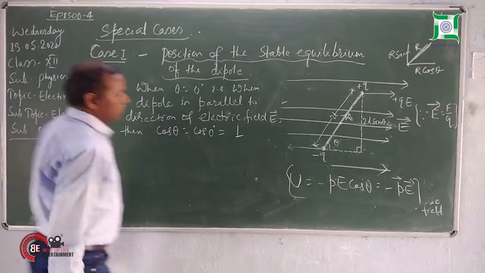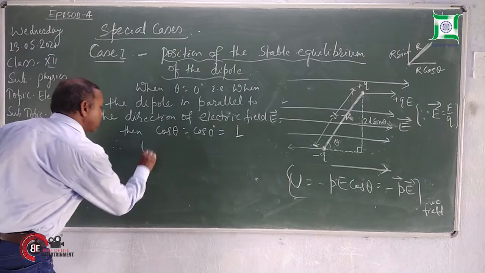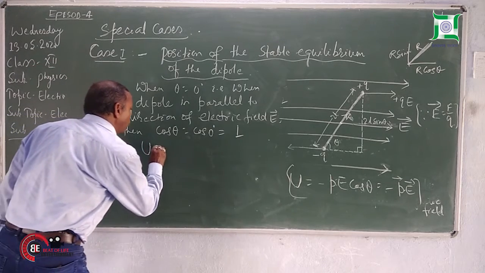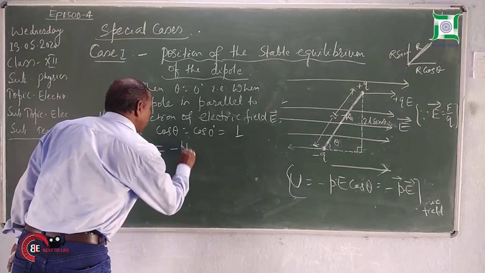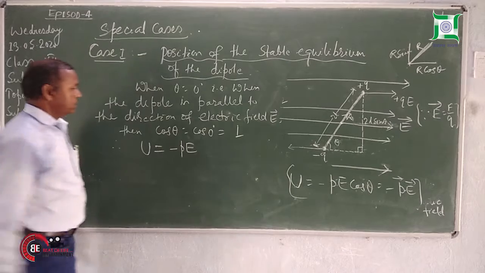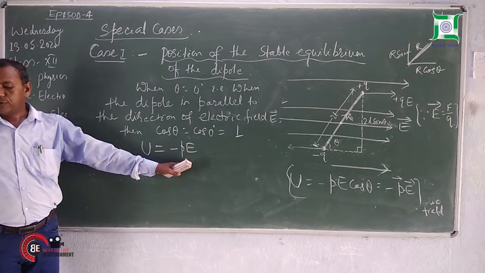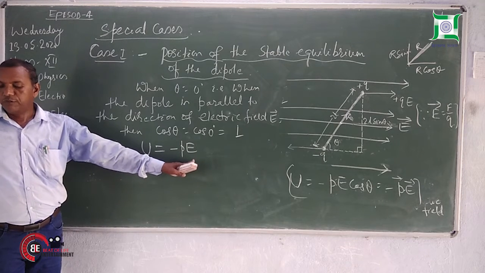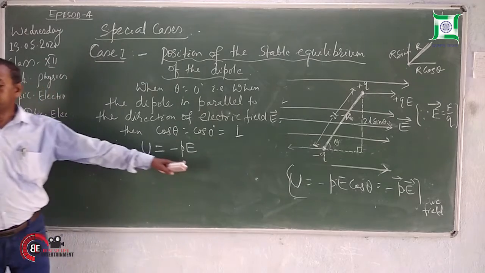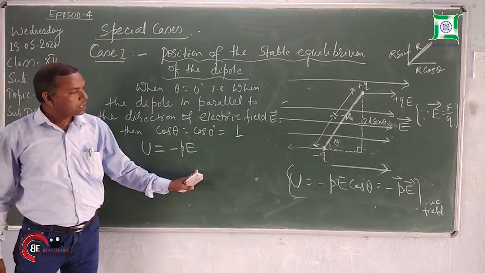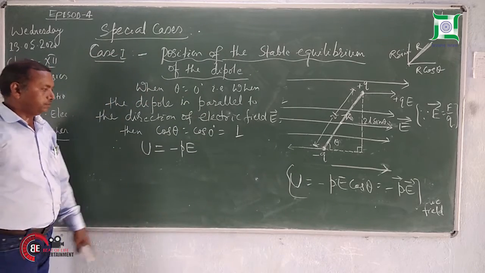So from this expression 5, the value of electric potential energy of the dipole becomes minus P E, and this gives the minimum potential energy of the dipole, and hence this is the position of stable equilibrium.